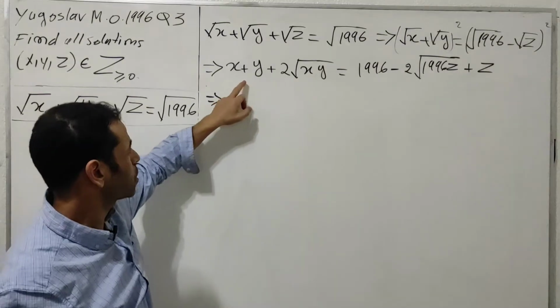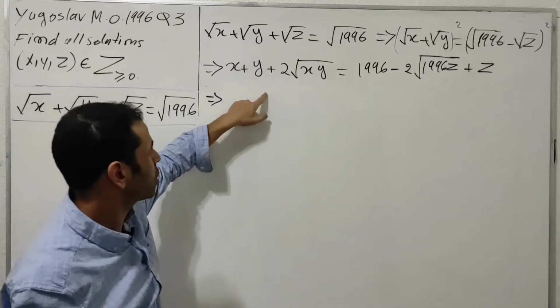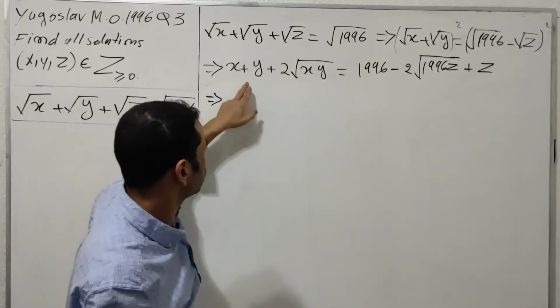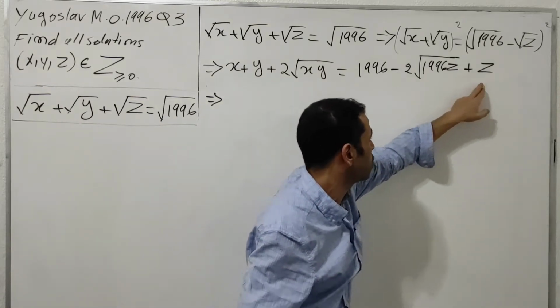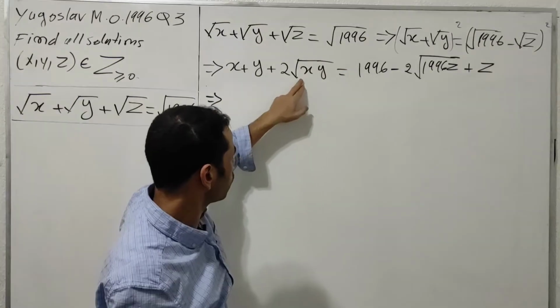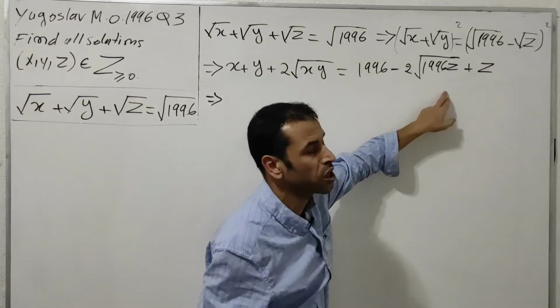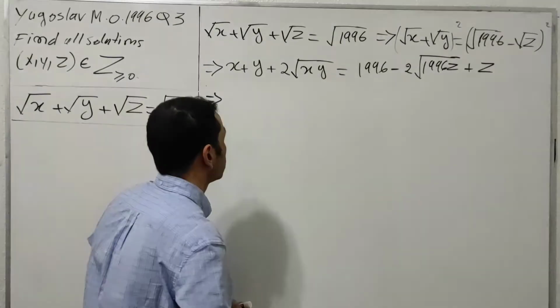I'm going to leave this x plus y as they are and bring 1996 and z to the left hand side of this equation next to these terms. Then I move over this term to the right hand side of this equation, and I will make a nice combination.